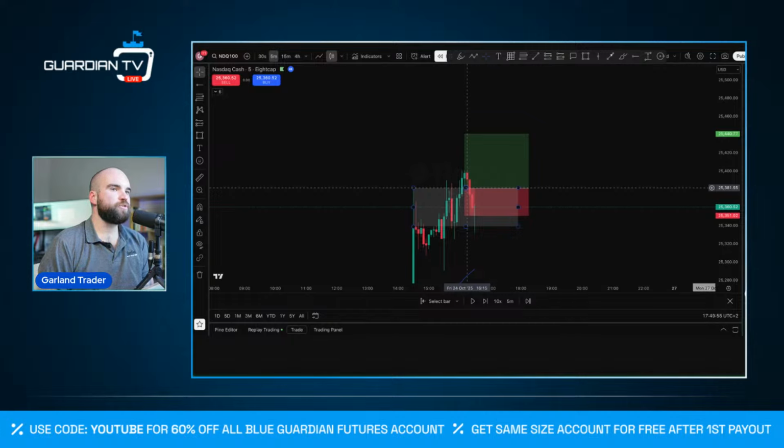So the way to overcome revenge trading, the way to overcome being greedy, the way to overcome having a gambling mindset is by having a methodical way of trading. And for me, that's taking one trade a day and then coming back tomorrow so that I can execute like a robot that has no emotions.